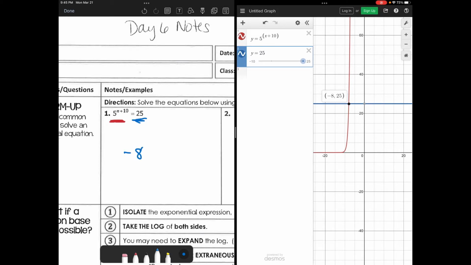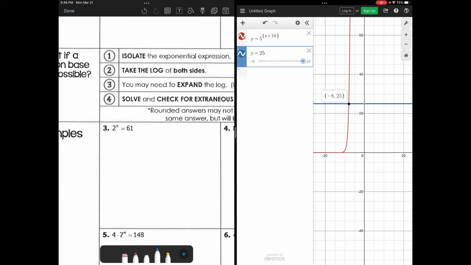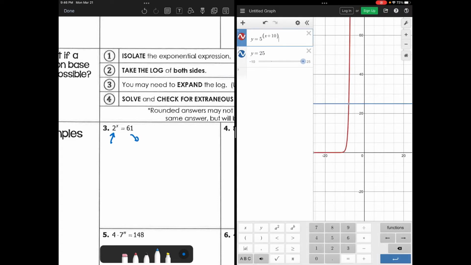Easy peasy? Alrighty, let's try another one. We have 2 to the x equals 61. In the first one we put y equals 2 to the x, and in the second one we put y equals 61.